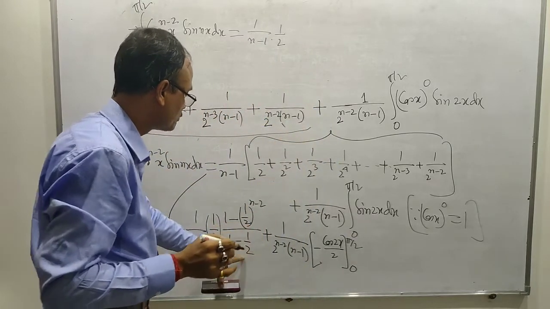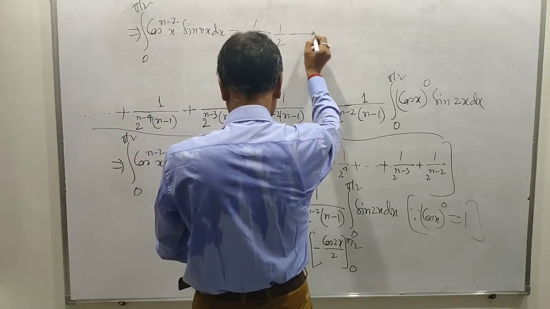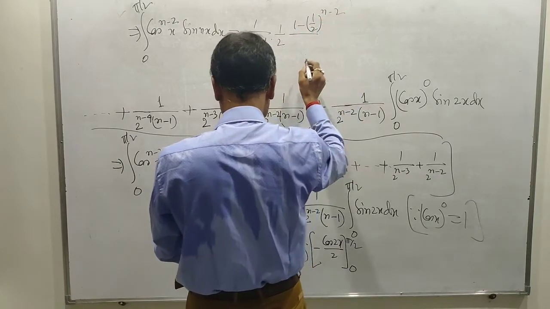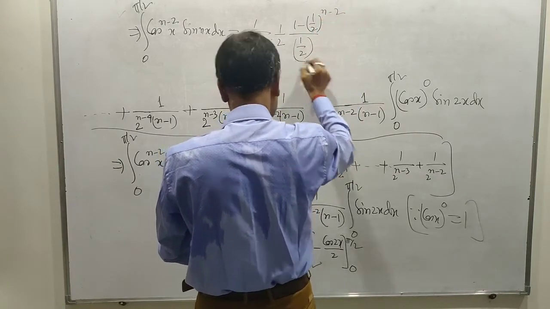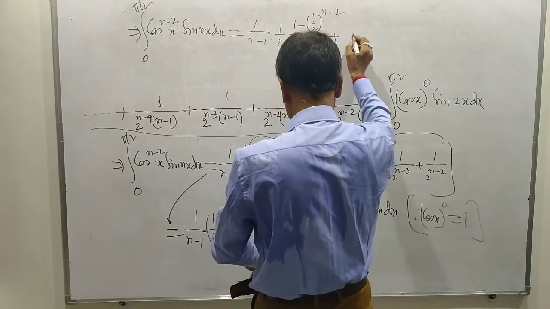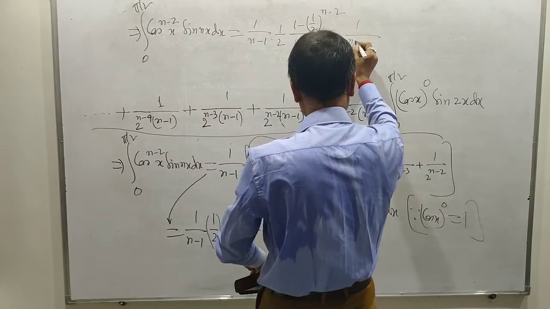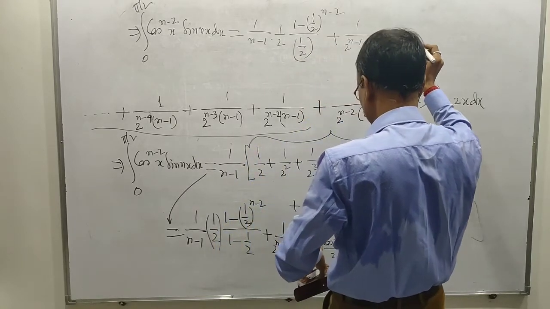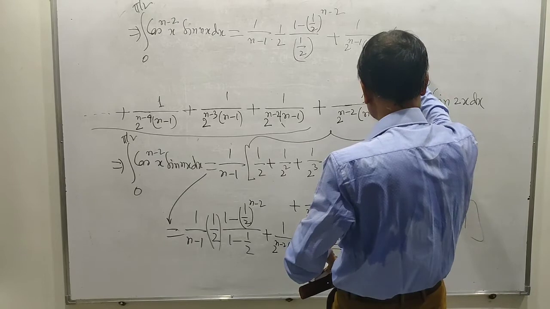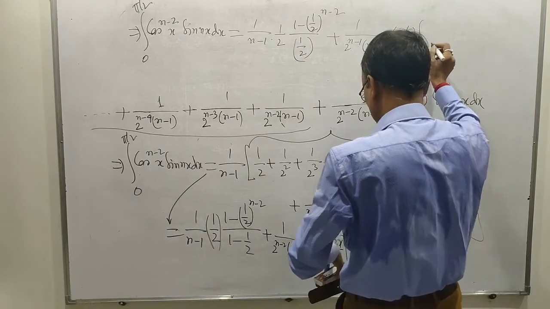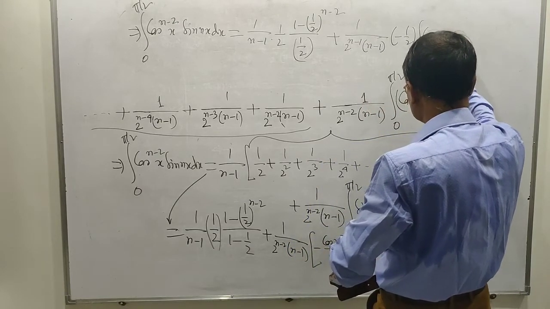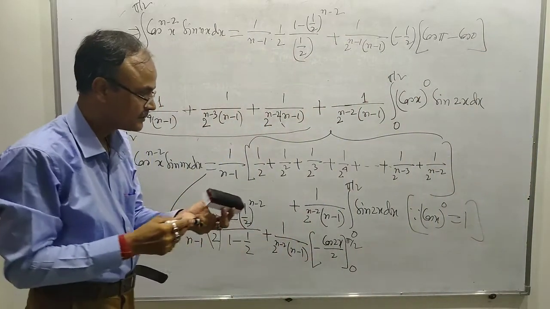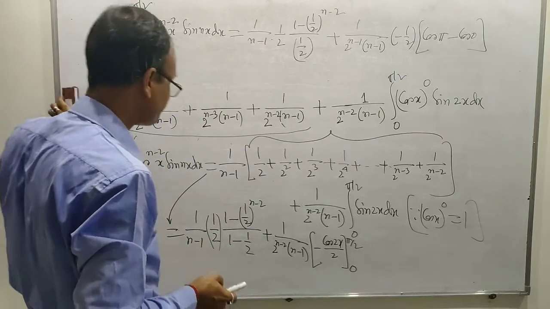Here 1 minus 1 by 2 means 1 by 2. 1 minus 1 by 2 whole to the power n minus 2, it is again 1 by 2, plus 1 by 2 to the power n minus 1, n minus 1, you will get minus half into cos pi minus cos 0.